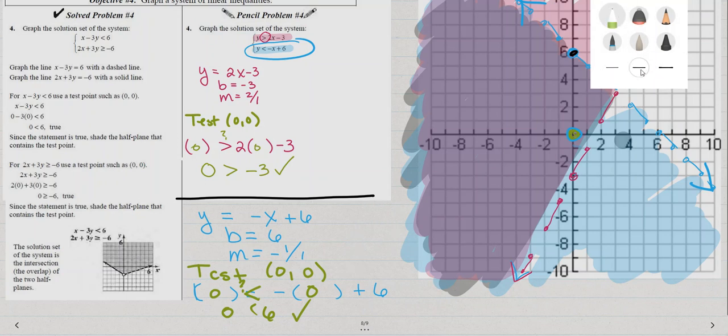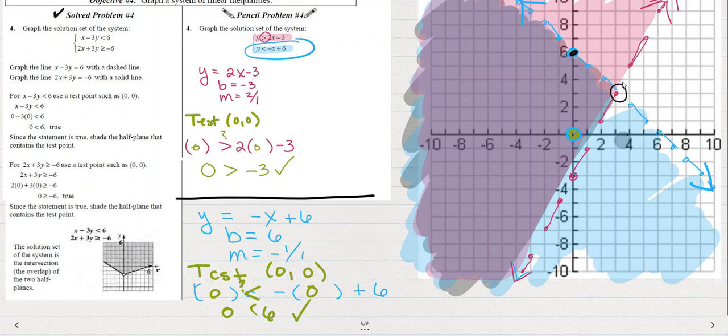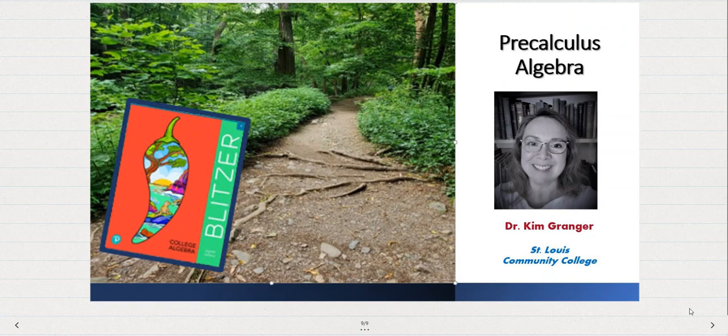This corner point where the two lines intersect looks like (3, 3). That corner point isn't part of the solution. If I let x equal 3 and y equal 3, we wouldn't get a true statement. But everything right up to that point is in fact included.